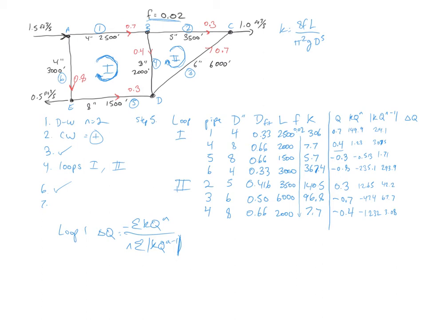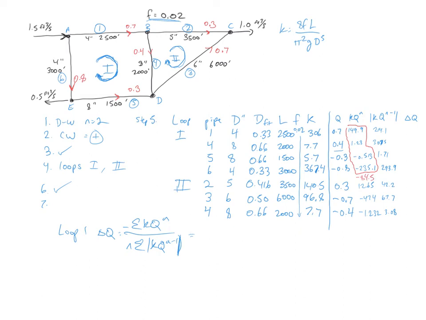So I'm going to do for the entire loop, for loop 1, the negative summation of all the KQ to the nths. My KQ to the nths are shown right here. Kind of looks like California. I'm going to sum all those together, and I get a value of negative 84.5.